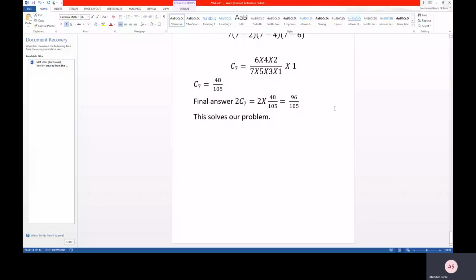I'm going to send this slide to you, and the solution is included so you can go through it. But first, try it on your own before looking at the solution.